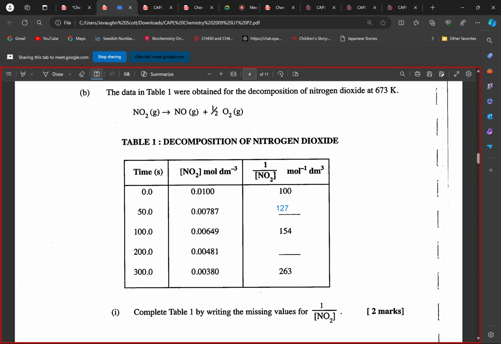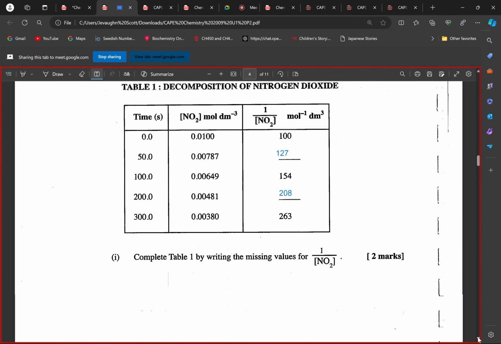And then this one would give us 208. And that is our table. 2 marks, 3 marks, all done. Because if this is the concentration of our nitrogen dioxide and this is 1 over the concentration of nitrogen dioxide, then 1 over everything and you should be fine.